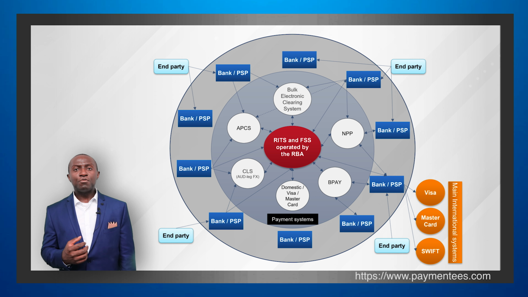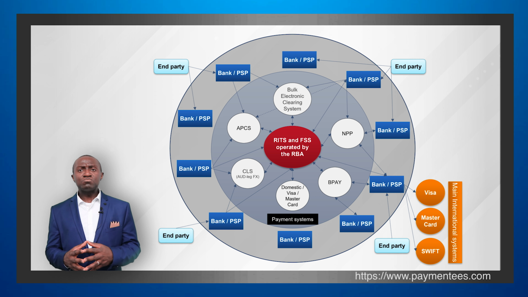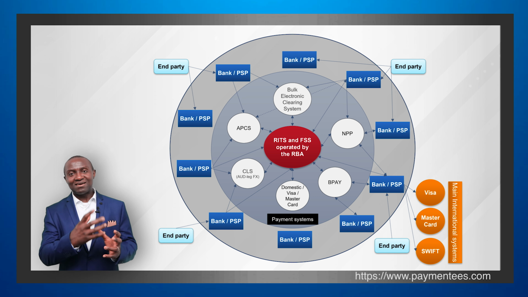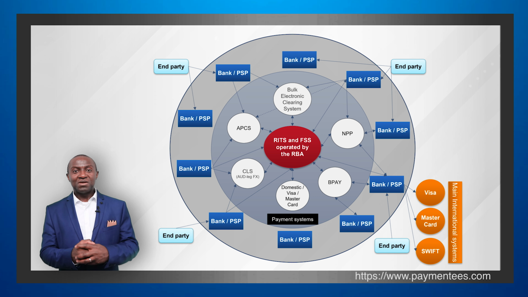And finally, we have the Continuous Linked Settlement system that Australian banks use for the settlement of Australian dollar legs of foreign exchange transactions. Cross-border payments go through the SWIFT network or through international card networks. Domestic payments remain inside the big cycle you see here because they move from one bank to another in Australia. They don't need to cross the border, so to say.